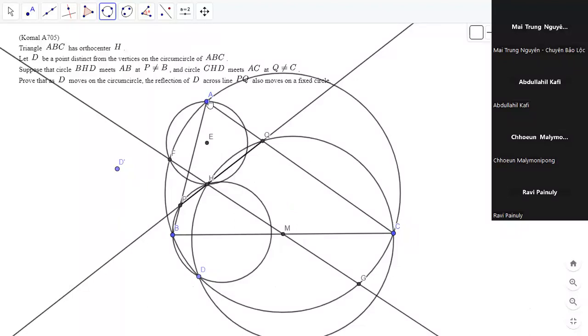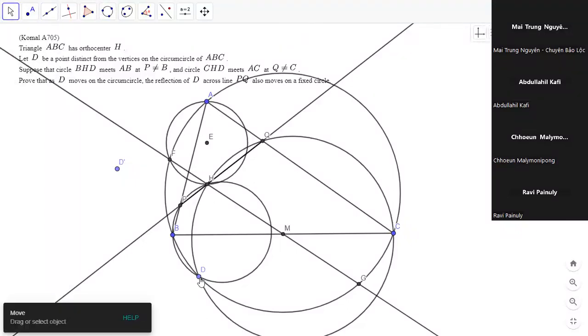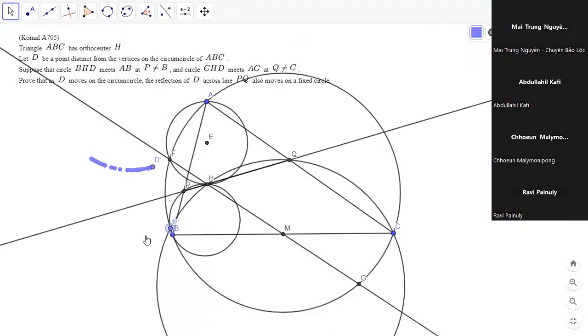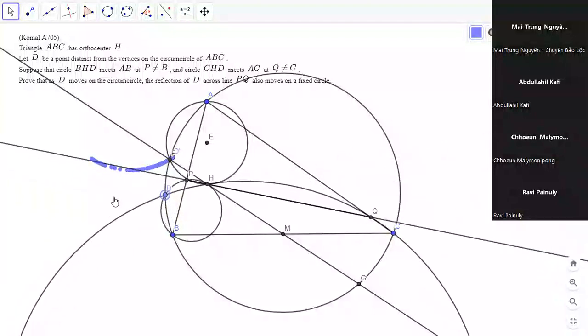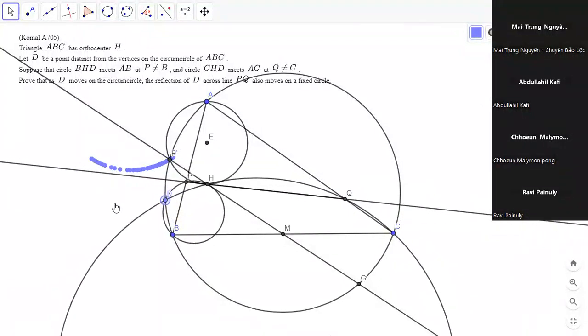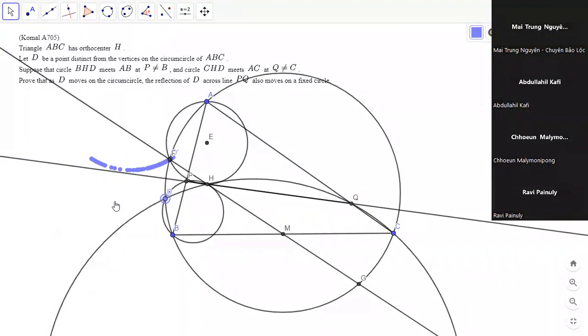So we have some circle through A and F. Yeah, we should be able to know what D is when it's this point.